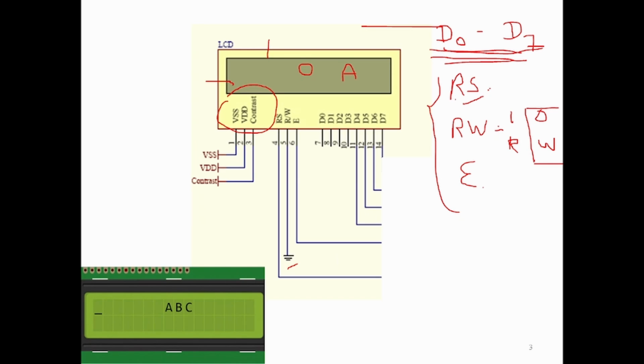So the value at this RS pin will decide whether your values at D0 to D7 are data or a command. If RS is 0, whatever you write will be considered a command, and if RS is 1, whatever you write will be considered data.